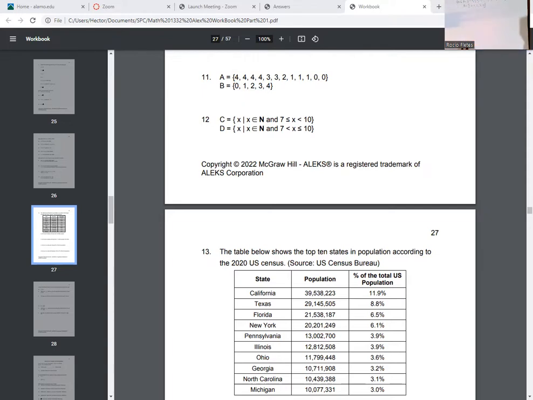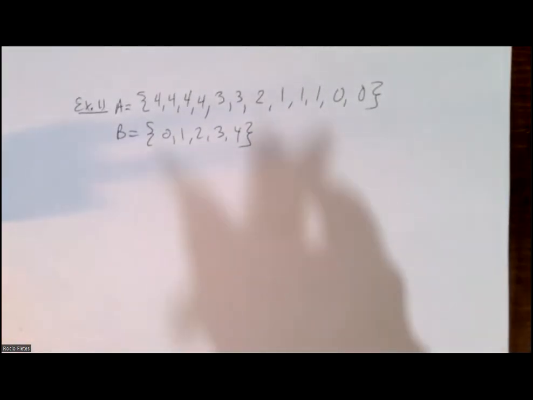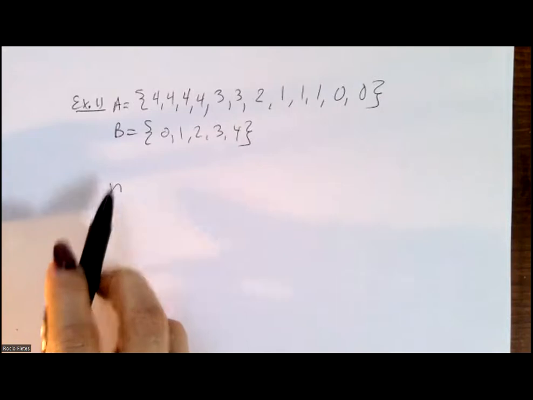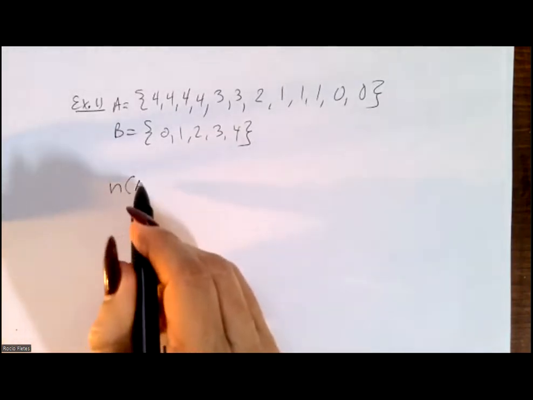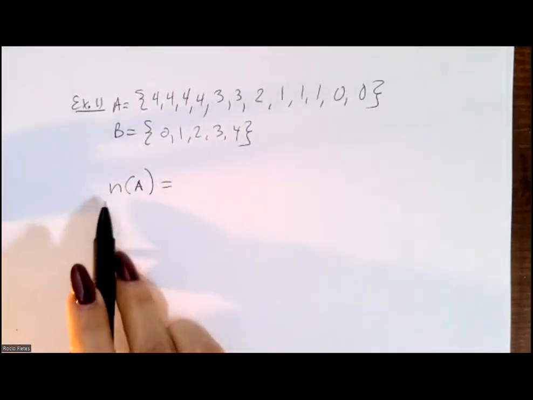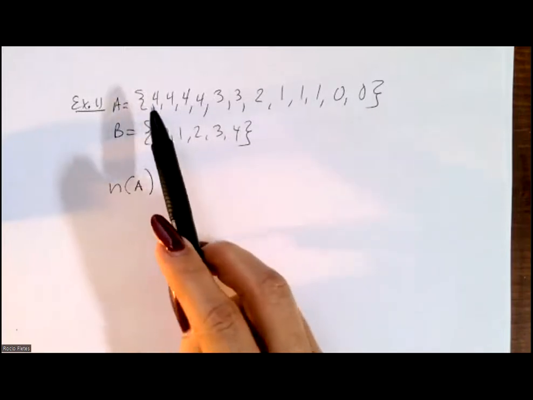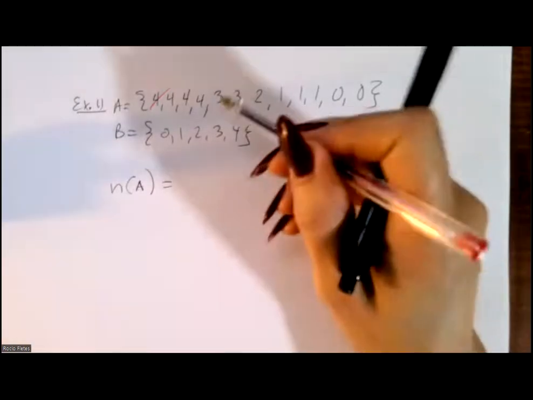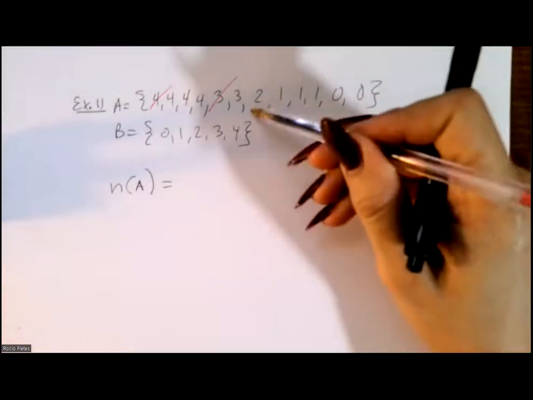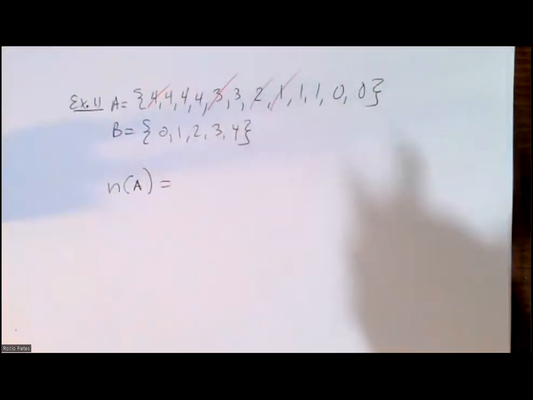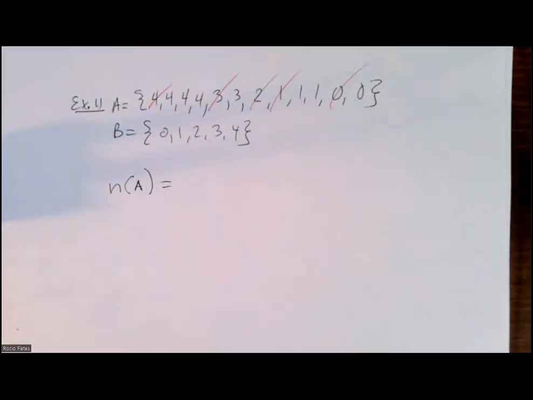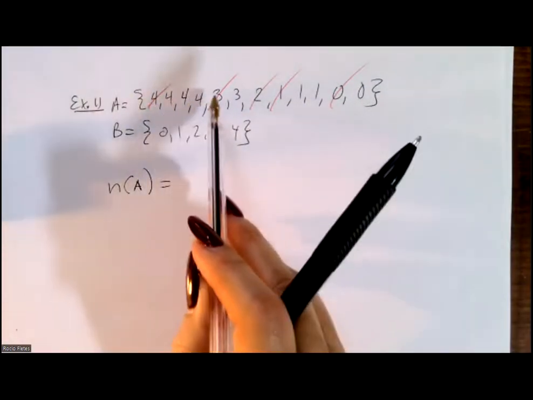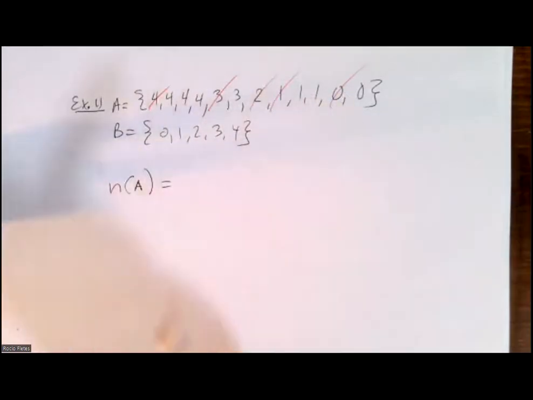Okay, so you can see the cardinality of A, I'm going to write it with the n. How many elements? Well, I only count distinct elements. So 4, I counted once, 3 once, 2 once, 1 once, and 0. How many distinct elements do you see? 1, 2, 3, 4, and 5. So the cardinality of A is 5.